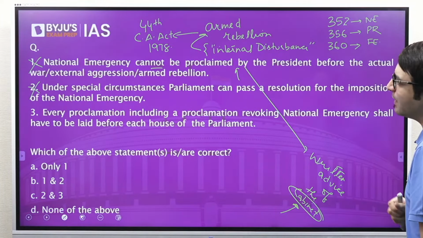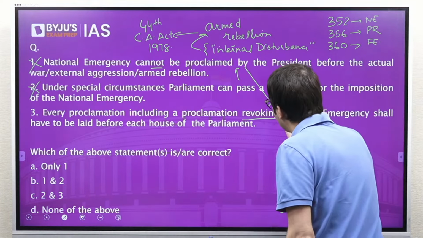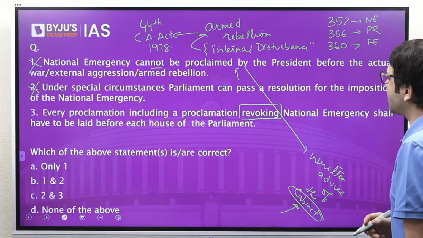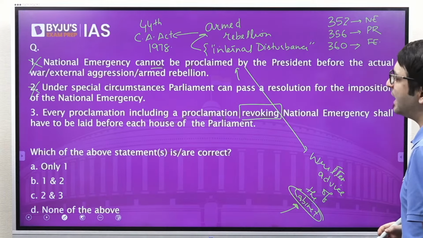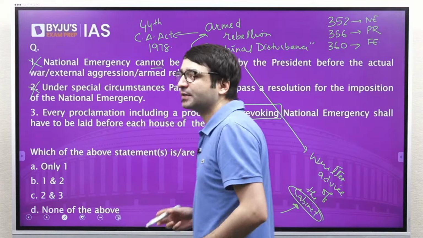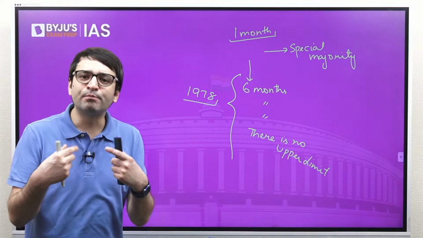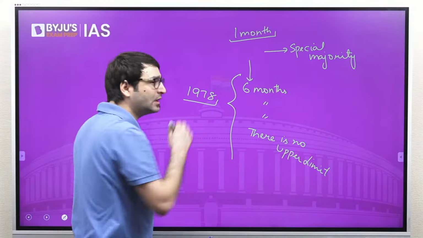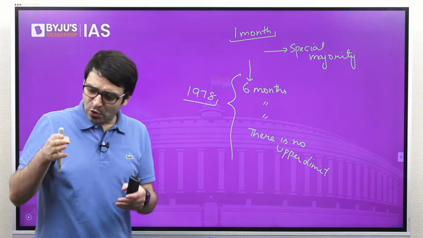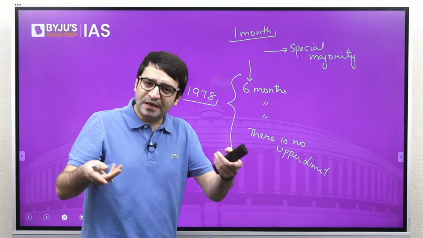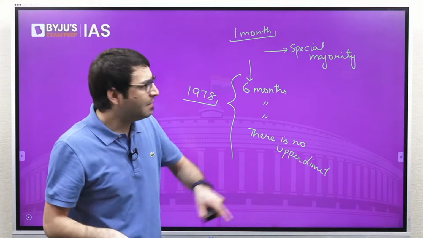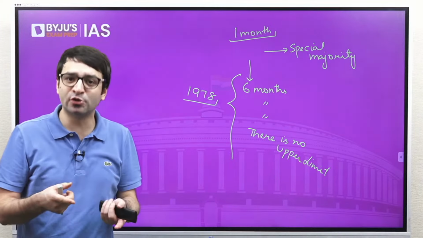Third, every proclamation, including a proclamation revoking national emergency, shall have to be laid before each House of the Parliament. I told you, when national emergency is proclaimed, then within 1 month of its proclamation, both Lok Sabha as well as Rajya Sabha will have to approve this national emergency by passing a resolution by special majority.